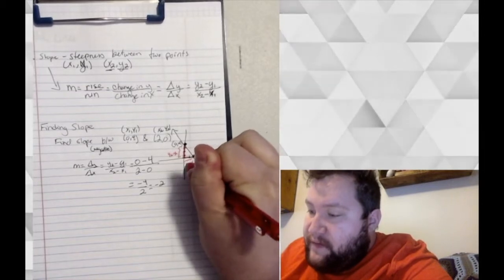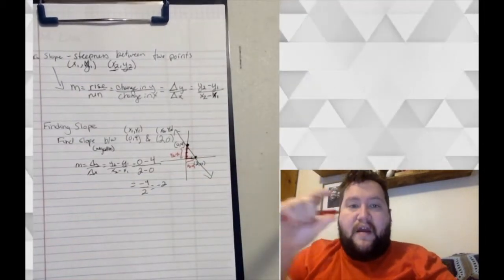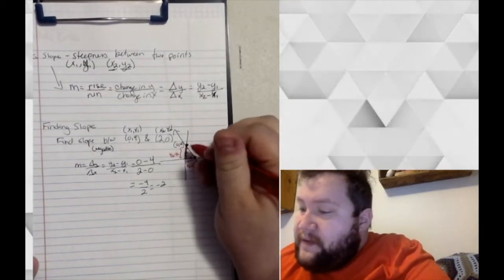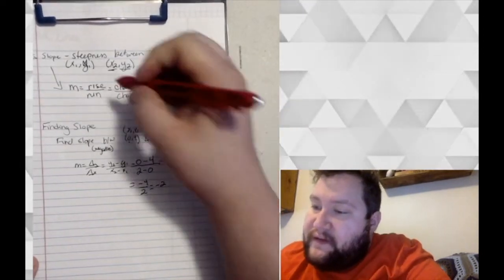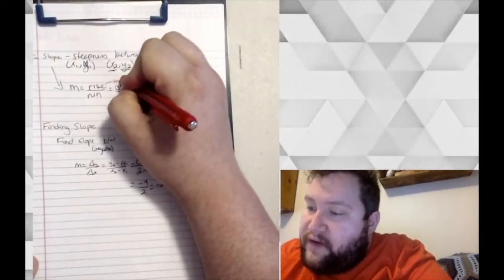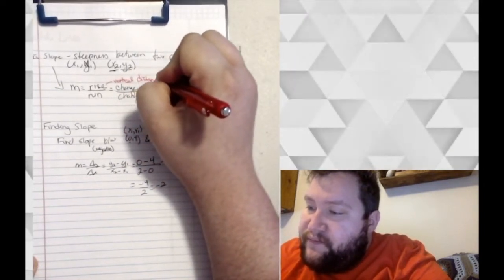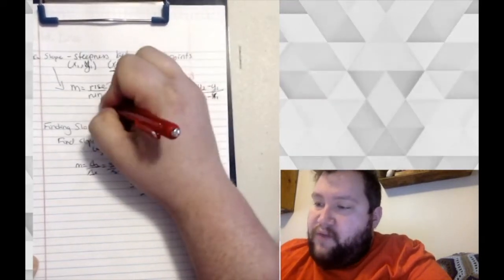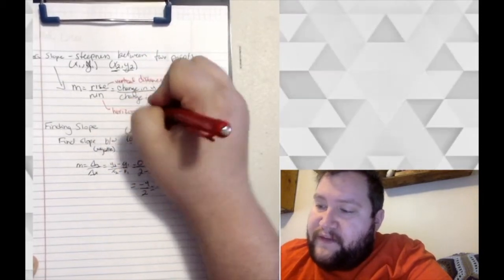And this one here is going to be x2 minus x1, right? It was that distance between our x coordinates and our y coordinates. And so because we do the vertical distance over the horizontal distance, rise is our vertical distance or change, and run is our horizontal distance.